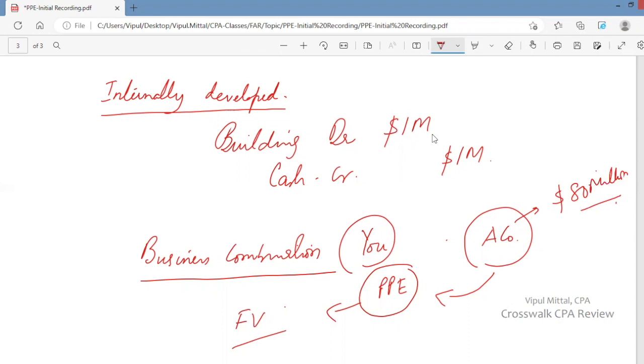So you record this at fair value. Depending upon how you have acquired it or whether you have internally developed it, the asset may be recorded at cost or fair value, or sometimes you have to allocate the cost in the ratio of relative fair values.